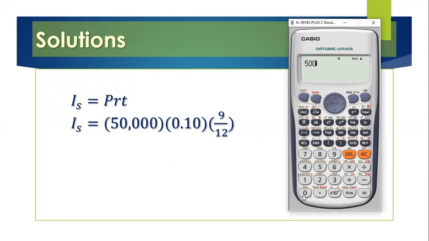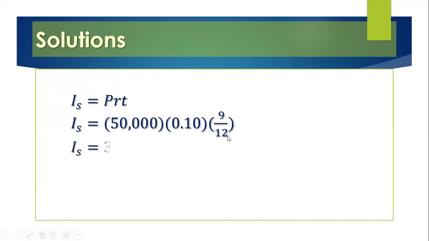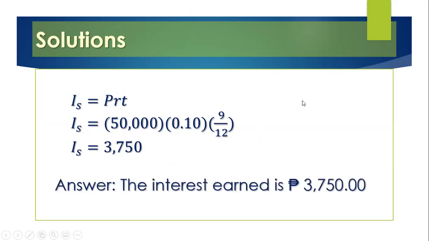So, that is 3,750 pesos. Okay, so yun yung interest na kinita ng nagpahiram sa'yo ng pera after 9 months. So the interest earned is 3,750 pesos.